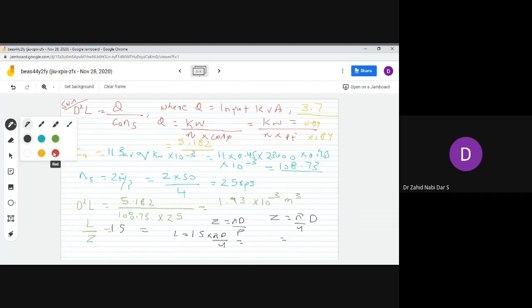So this value will be around, tell me how much? L would be equal to 1.178 d. So this is the value that I'm getting.